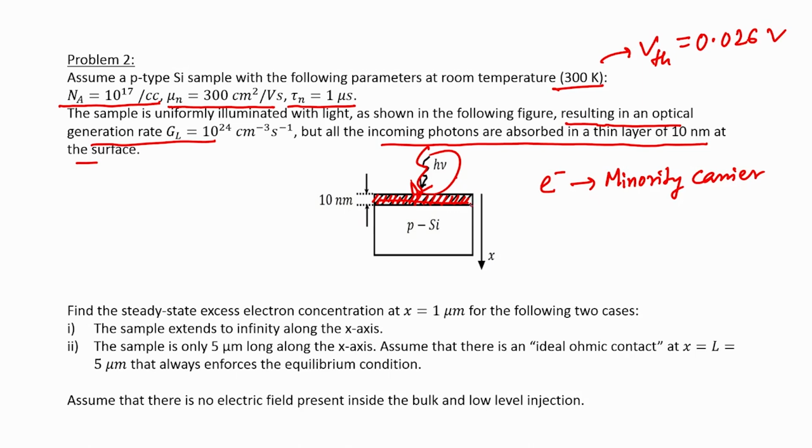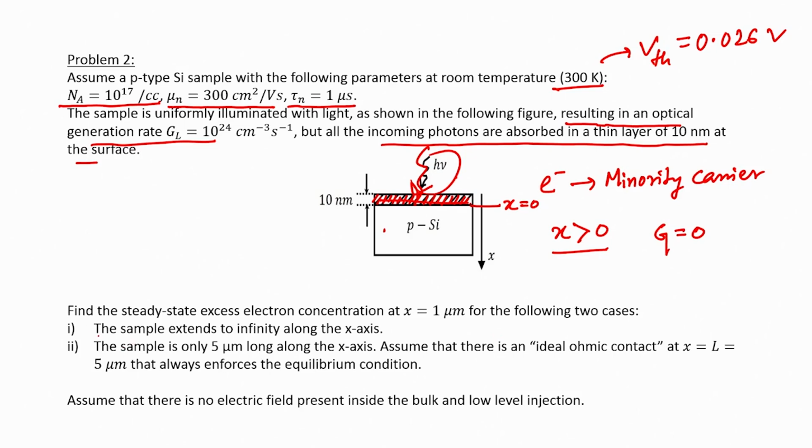If we consider this the x axis, then denote this mark as x equal to 0. So inside the bulk, for x greater than 0, there is no generation of electron hole pairs. So we can say that the generation rate becomes 0 inside the bulk here.